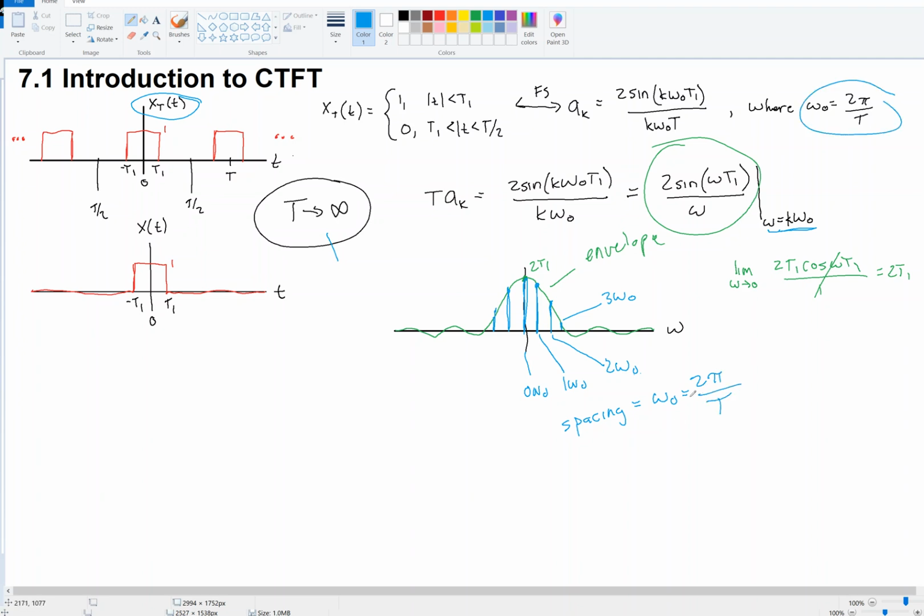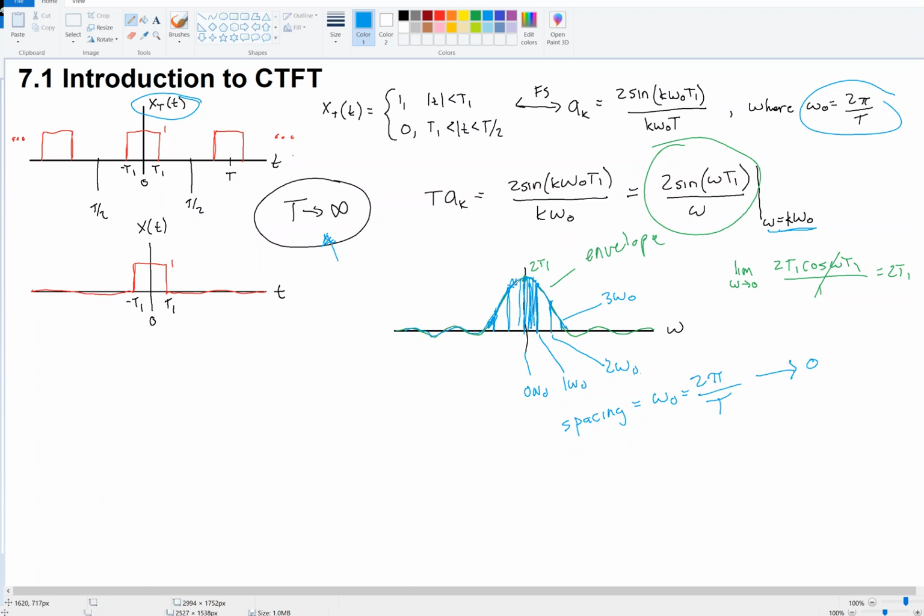So what happens to that spacing in this limit? What happens to the spacing in that limit? The spacing goes to 0, right, in that limit when t goes to infinity. So that means these guys become closer and closer, and I don't really mean the area, but I mean the Fourier series coefficients in the limit start to form that exact continuum, right?